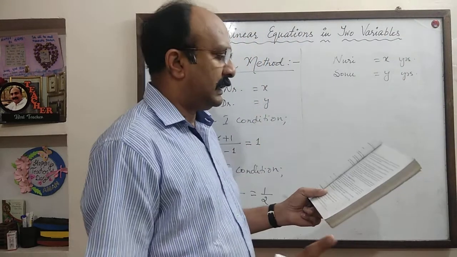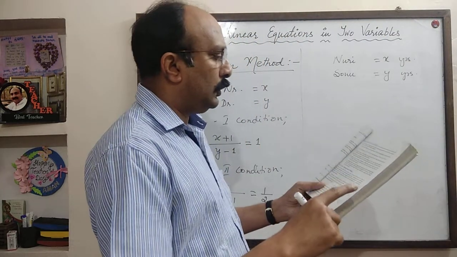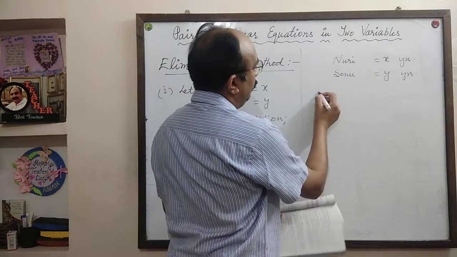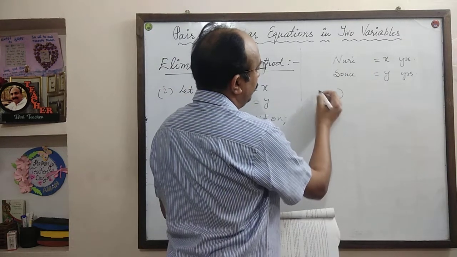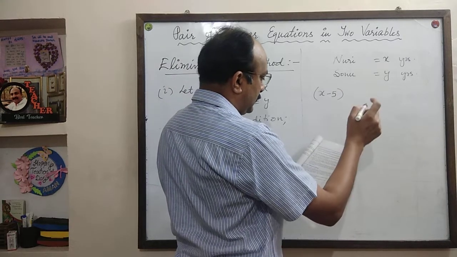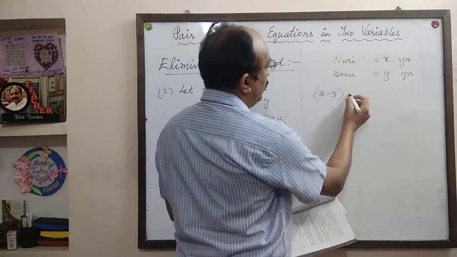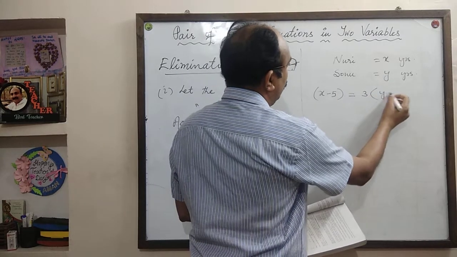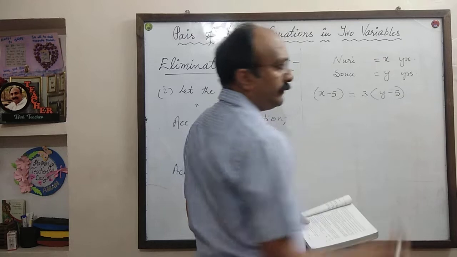According to the first condition, 5 years ago, Noori was x minus 5. It is given, Noori was thrice as old as Sonu, 3 times Sonu. Sonu was y minus 5.